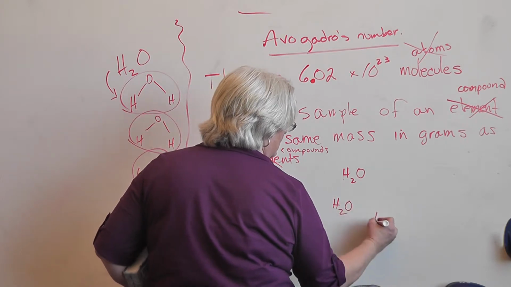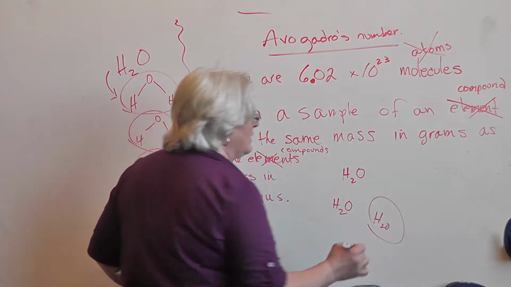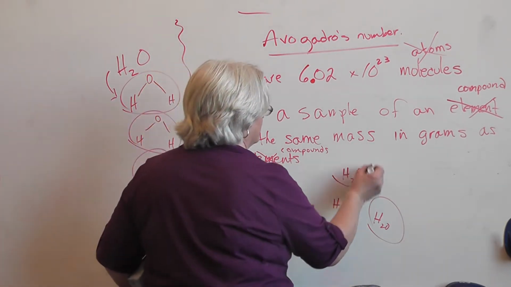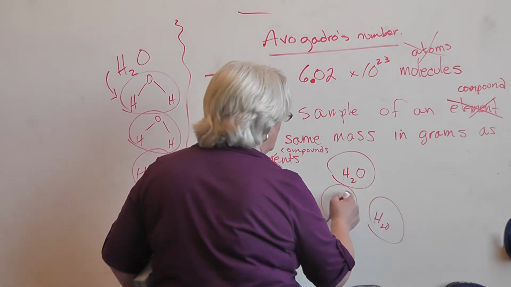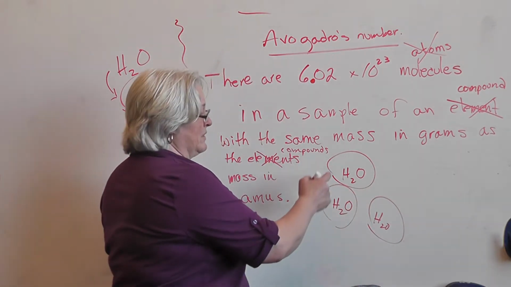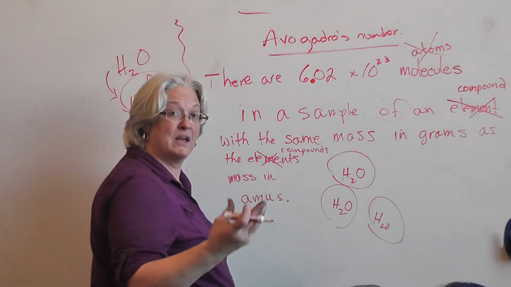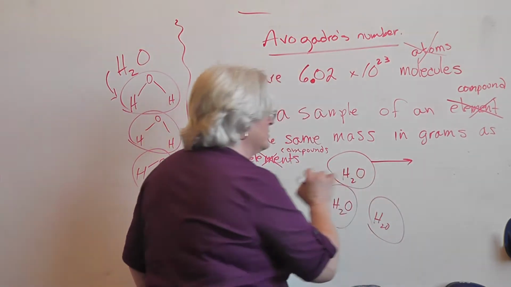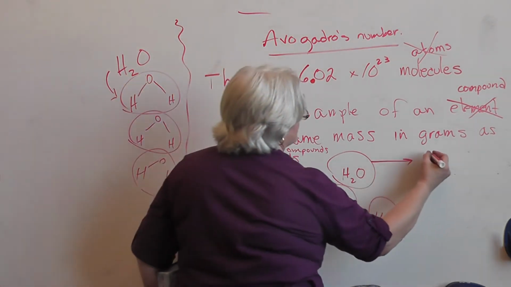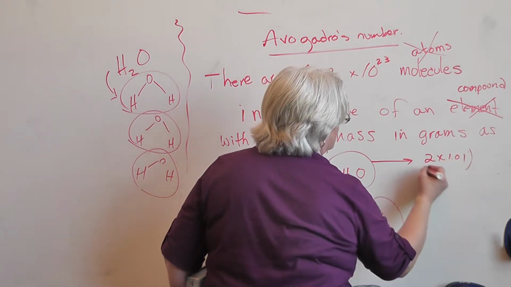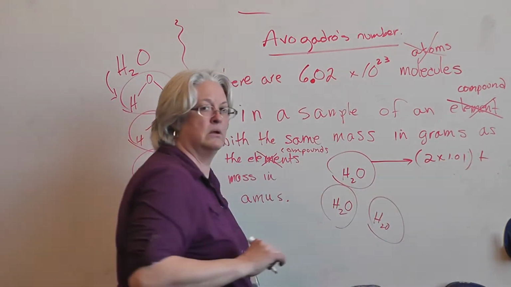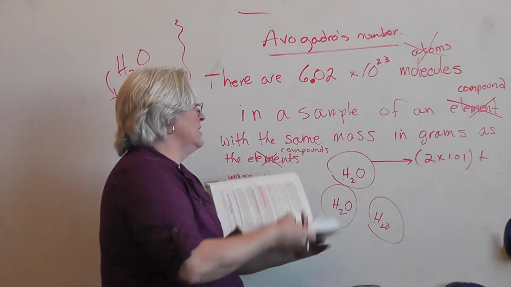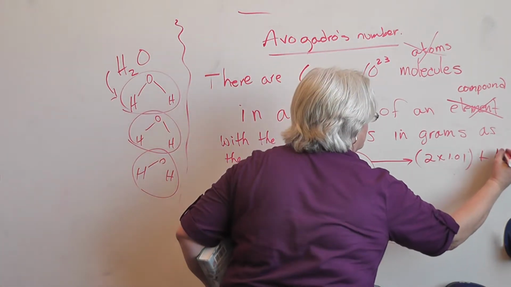Now, let's say that we have water hanging around here. H2O, H2O, H2O, and we know that we have Avogadro's number of molecules in a sample when the sample has the same mass in grams as the compound's atomic mass. So what is the atomic mass of H2O? Well, you have 2 atoms of hydrogen, so it's 2 times 1.01 plus the atomic mass of oxygen, which is 16.0.